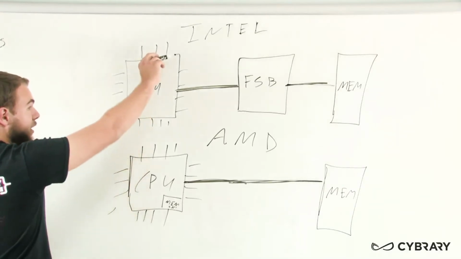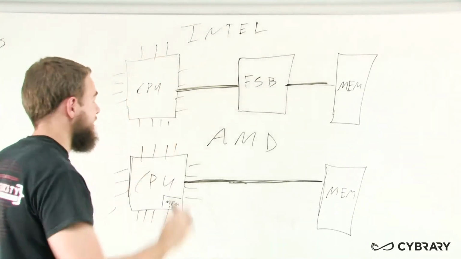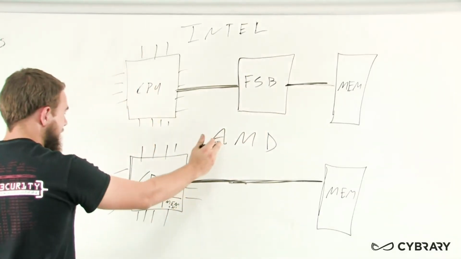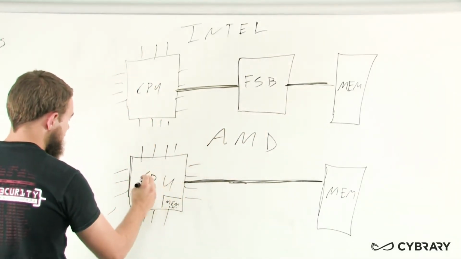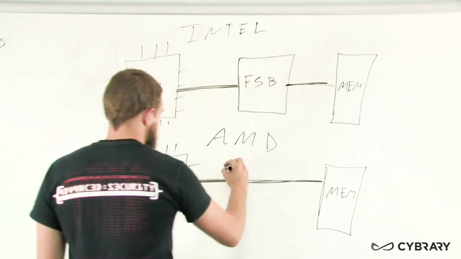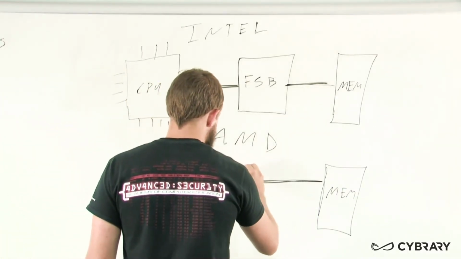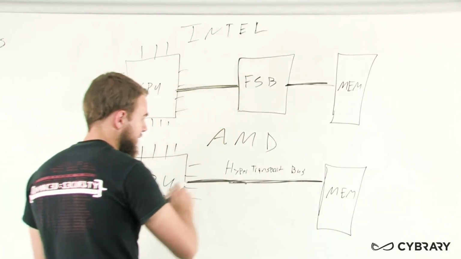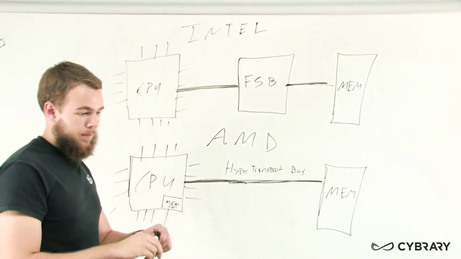So just remember, with our Intel CPUs or Intel chipsets, we're going to be using CPU to front side bus to memory, and with our AMD, we're going to be using the CPU's own memory controller and then transporting over our hypertransport bus all the way over to our memory.